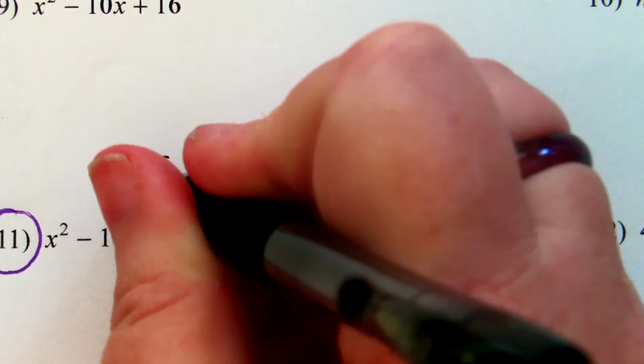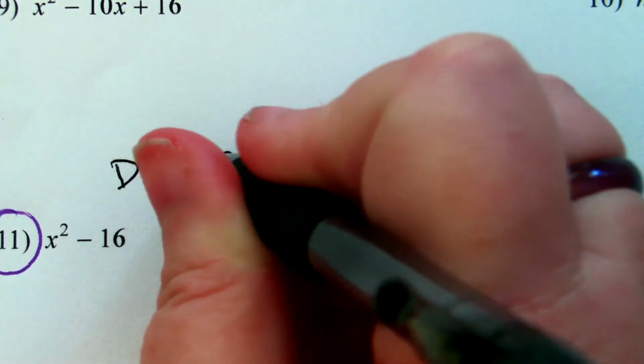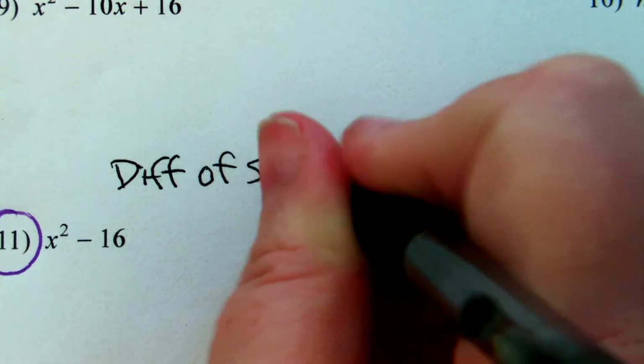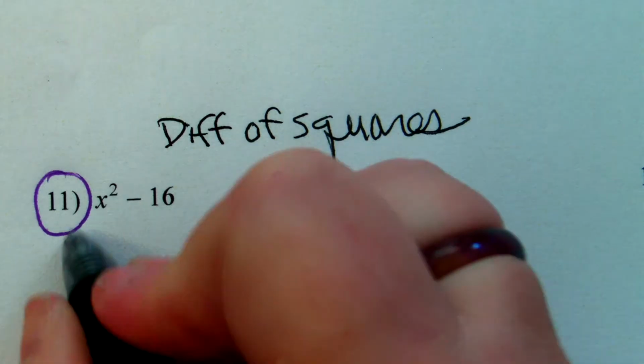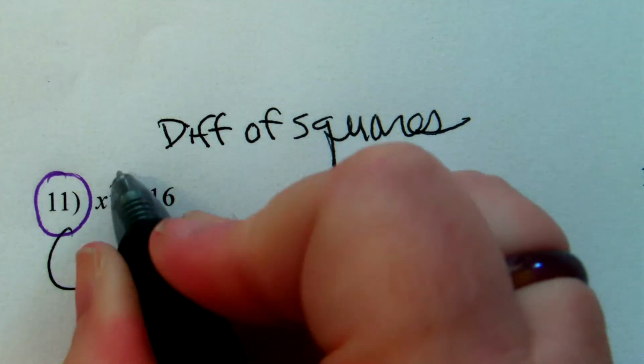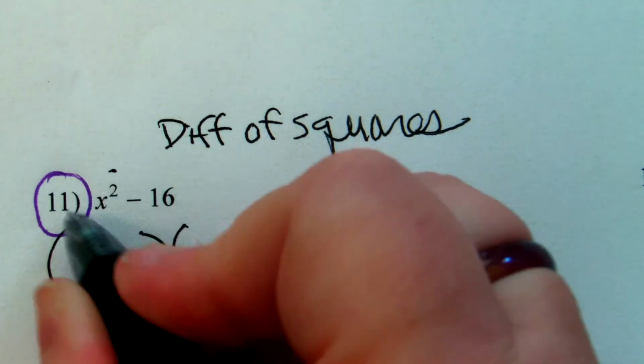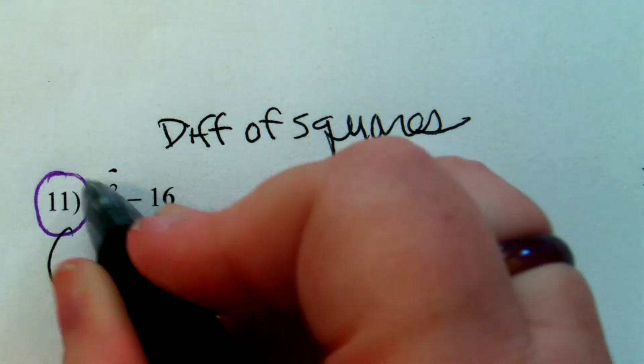Then we get to a couple of these, difference of squares, where the first number is a perfect square. X squared is what squared?